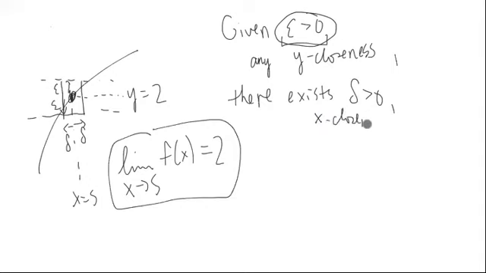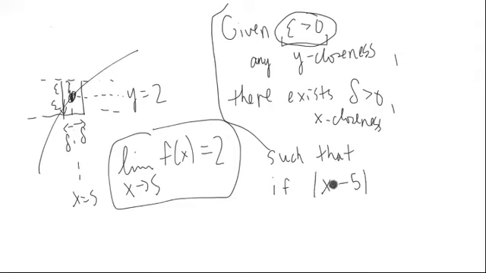So the y closeness and the x closeness occur twice in the statement. One in the condition here. So given epsilon greater than 0, there exists delta, and then we have a such that, and then they occur again. And it's kind of symmetric. Then we're going to have the x condition right here, such that if we are in the x closeness, what does it mean to be in the x closeness? Well, that means that the distance that x is away from 5, you can write as an absolute value. That means distance from something. If you subtract and take absolute values, you can be on either side.